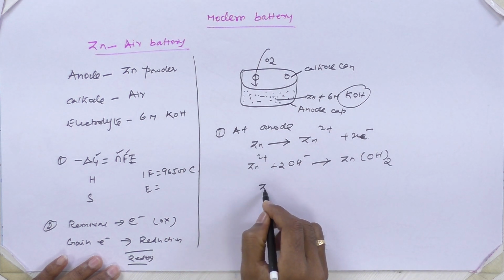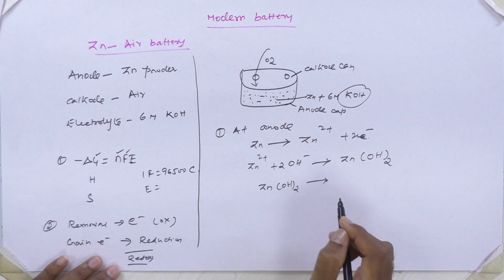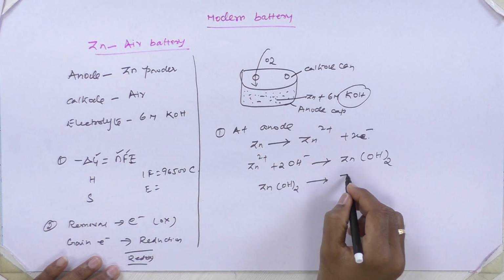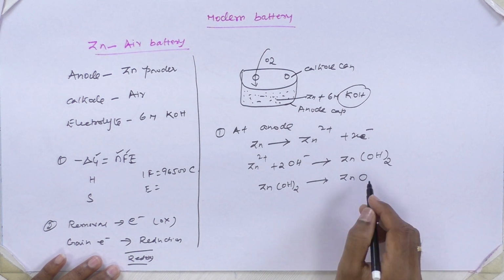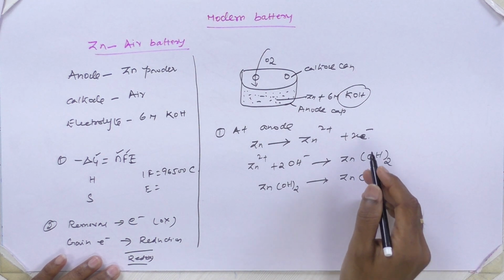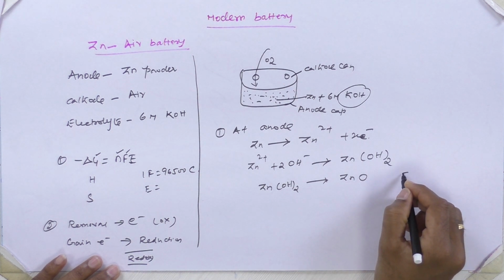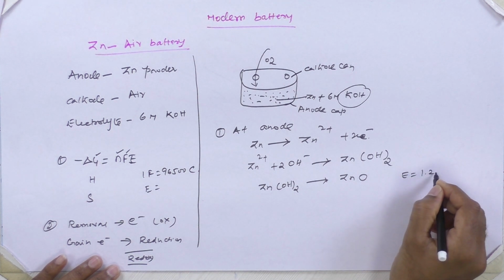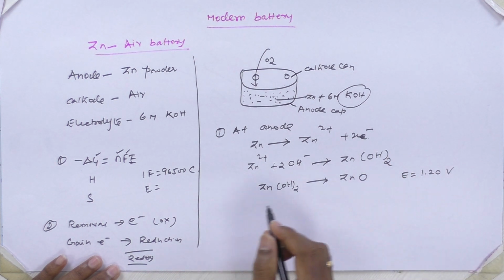As a result, zinc hydroxide undergoes a further chemical reaction and produces zinc oxide, ZnO. Due to the formation of zinc oxide, this cell can produce a maximum output of 1.20 volts. So this is the oxidation reaction.